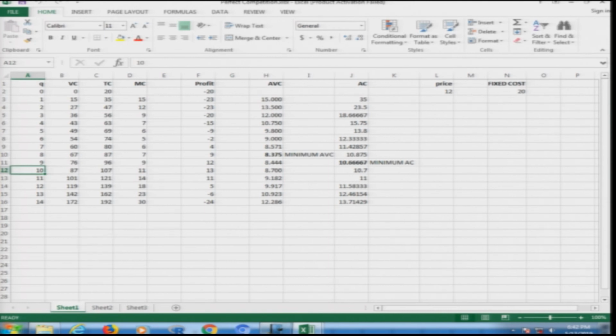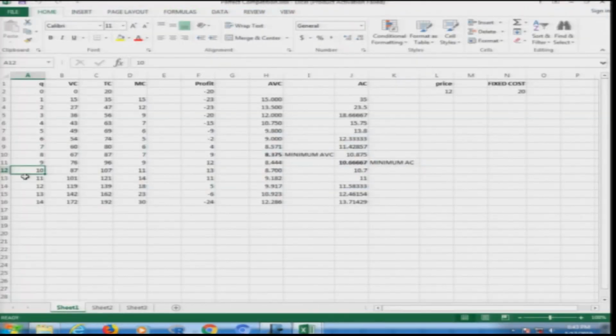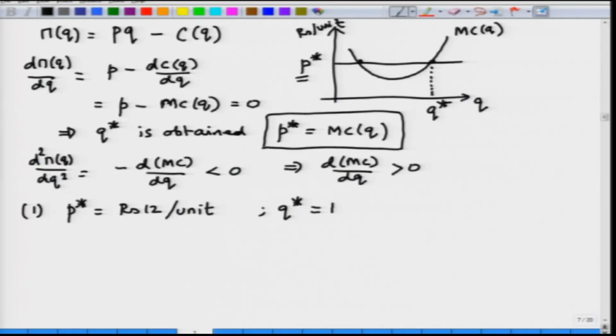So, in the context of P star equal to marginal cost, when the price P star is rupees 12 per unit, the optimal quantity produced by the firm Q star is actually 10 units. The firm produces 10 units.